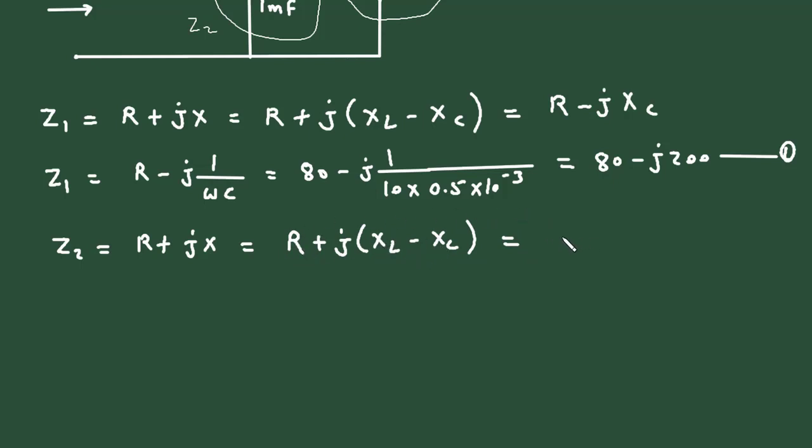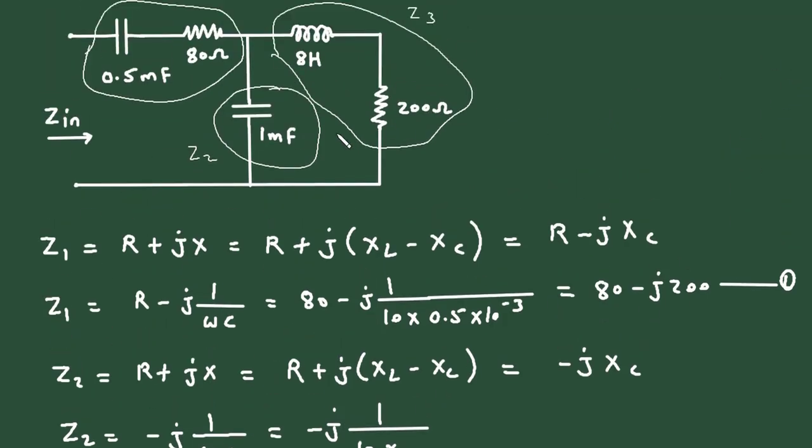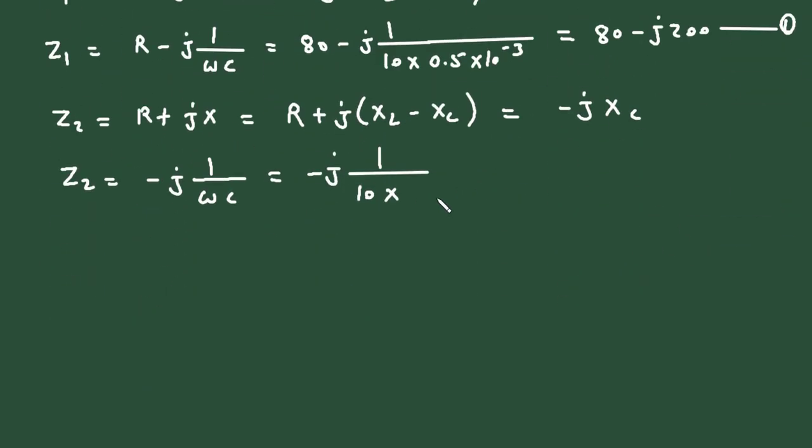So this will be minus jXc only, and Xc is 1 upon omega C. So minus j 1 upon, the value of omega is 10 into the value of capacitance, which is 1 millifarad, so 1 into 10 to the power minus 3.